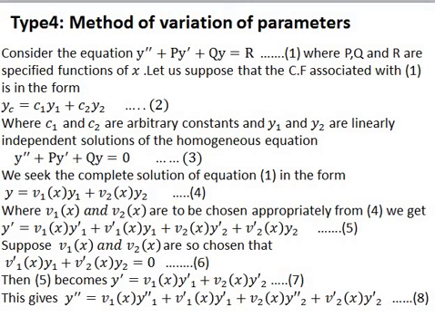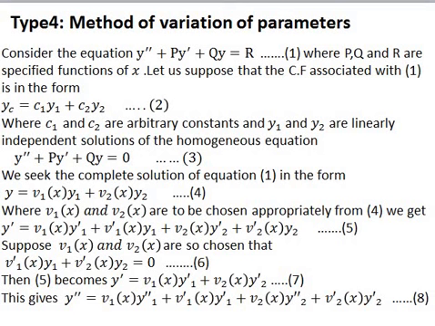From equation 4, we differentiate with respect to x. y dash is equal to v1 of x y1 dash plus v1 dash of x y1 plus v2 of x y2 dash plus v2 dash of x y2. We call it equation 5. Suppose v1 of x and v2 of x are so chosen that v1 dash of x y1 plus v2 dash of x y2 is equal to 0.